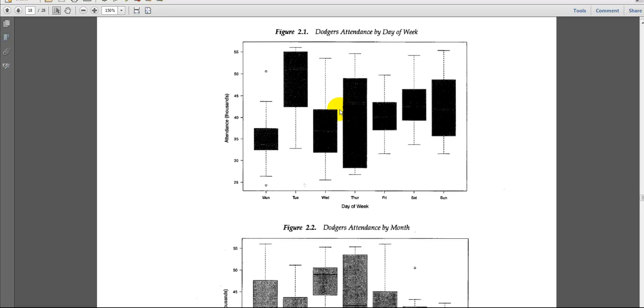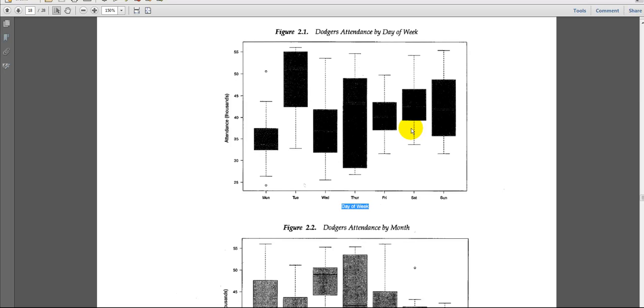Another thing is that we can see that definitely the data varies by day. So that means that we want to include day of the week as part of our prediction of what the attendance will be. If these were all the same, if Monday looked exactly the same as Tuesday, the same as Wednesday, and so on, then there would be no point in including day of the week in our analysis, because it doesn't separate the data at all.